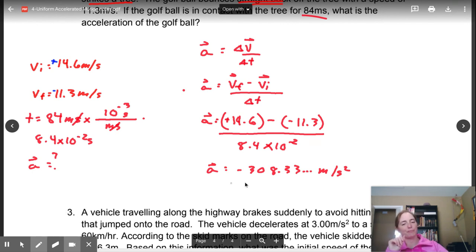And I'm going to have to round. I need 2 sig digs. So I'm going to look at this third digit. Well, there's an 8. That 8 is going to round that. Then I have to move it 2 places. So 3.1 times 10 to the power of 2. Units: we're accelerating.